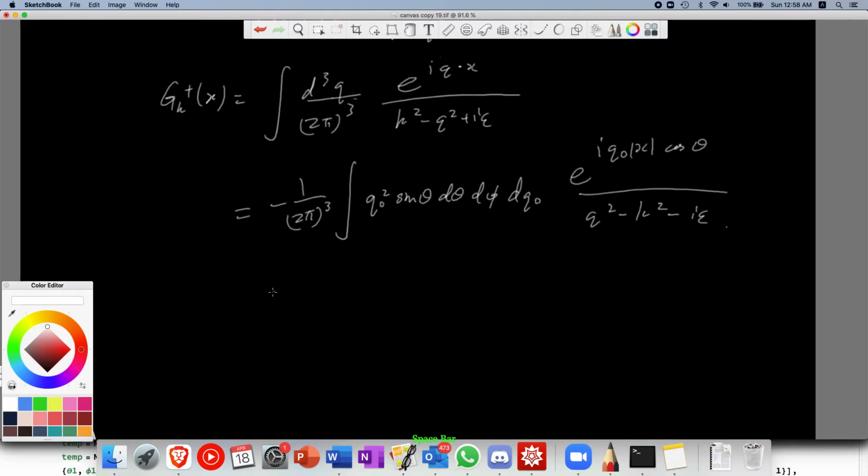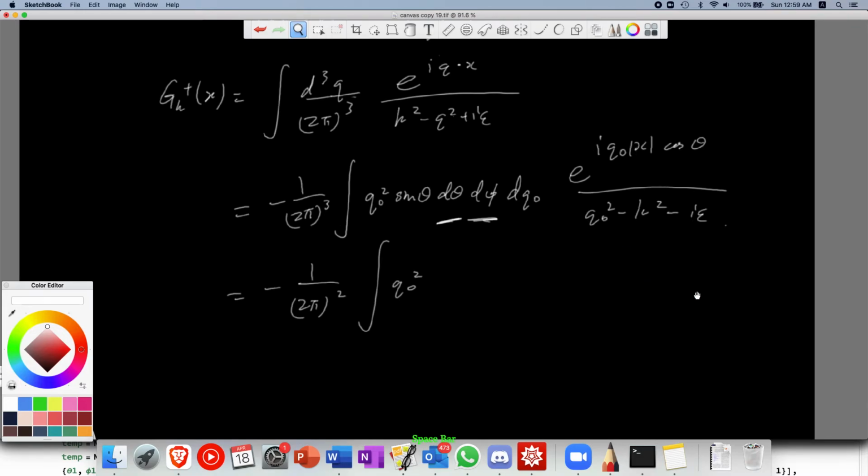Once again we just do the same procedure. Do the phi integral first, which gives us 2 pi. I meant phi just now. Then we do the theta integral next.